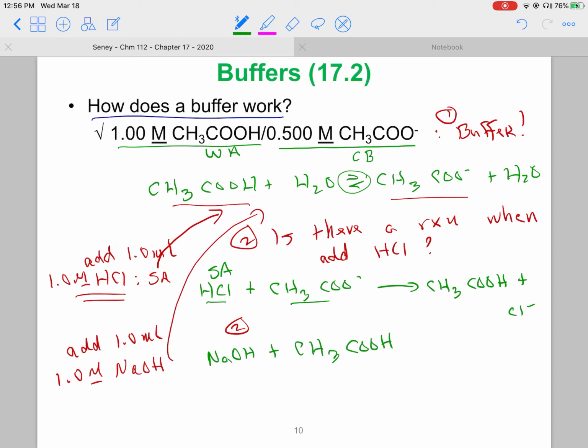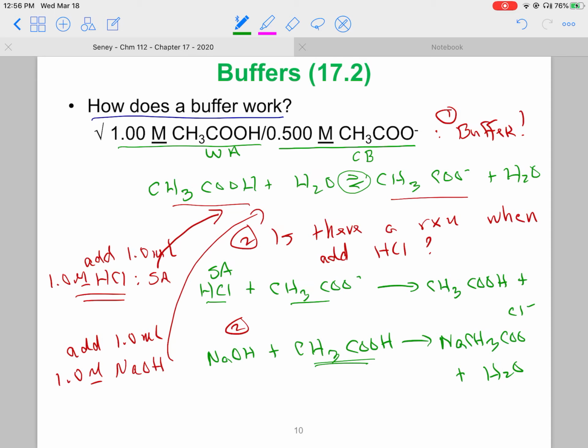Will this be a straight arrow? Absolutely, because we have a strong base. And then we'll have sodium acetate plus water. So there's my reaction. Again, this acetic acid is there to get rid of the sodium hydroxide.